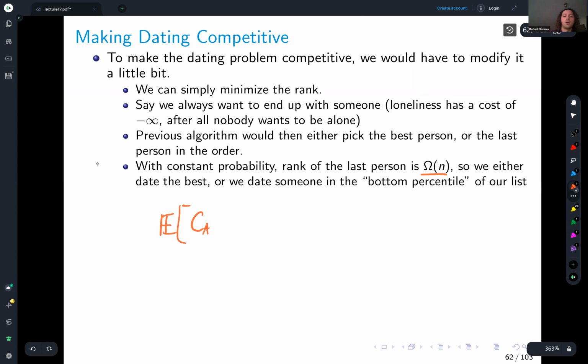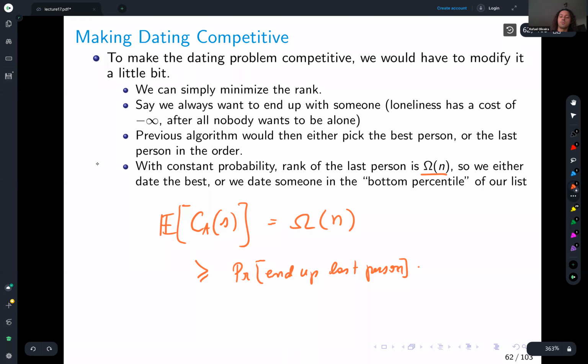Suppose that we have an input S. We know that with constant probability we're going to stay with the last person, so this is omega n, because this expectation is greater or equal than the probability that we end up with the last person times the rank of the last person.